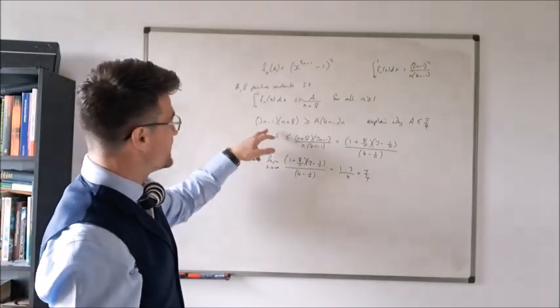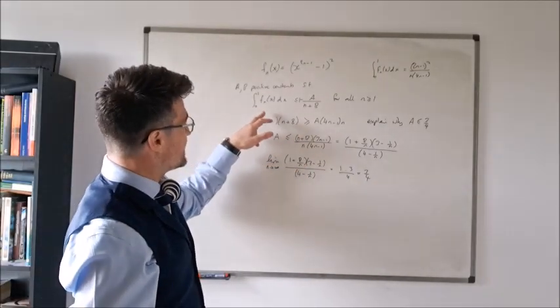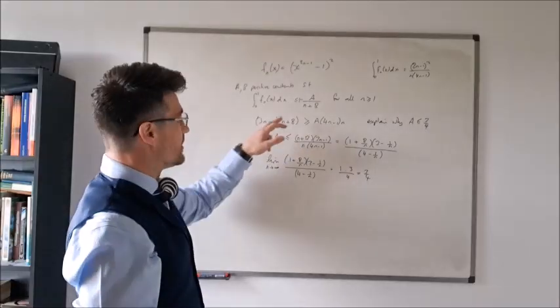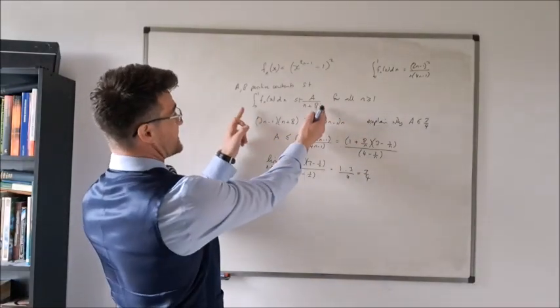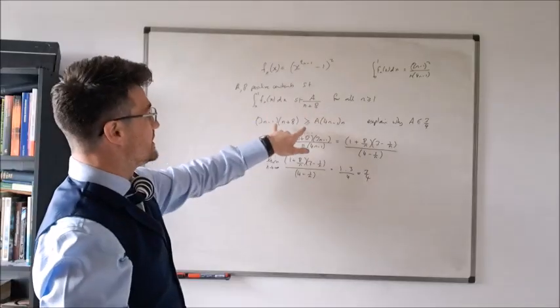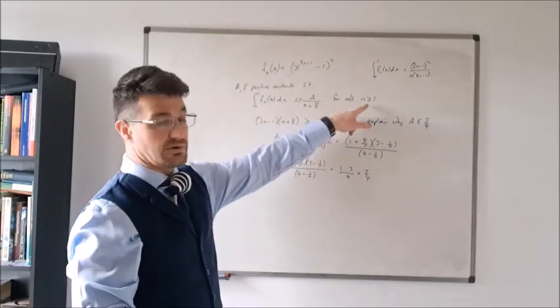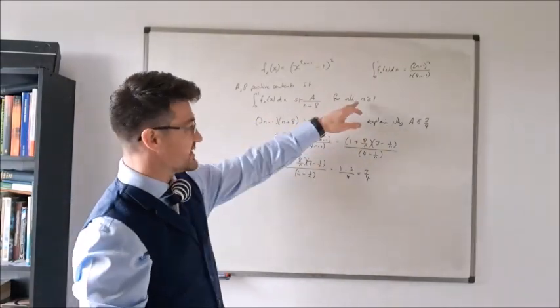Because what we're told is that this inequality effectively has to hold for all n greater than or equal to 1. Remember, this inequality is derived from this inequality here. So if this inequality has to hold for all n greater than or equal to 1, then so does this one.